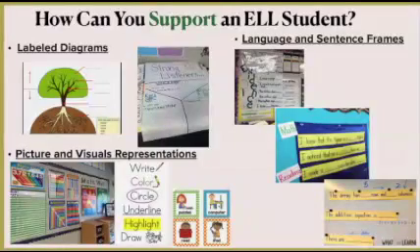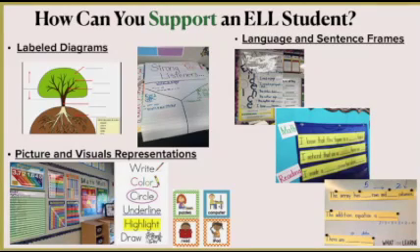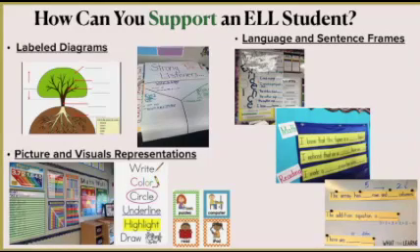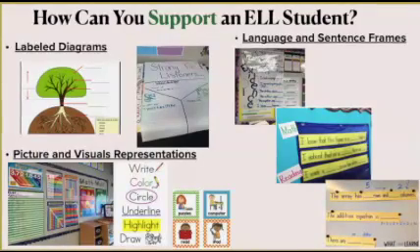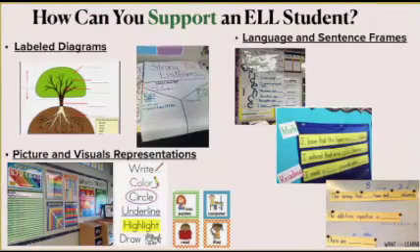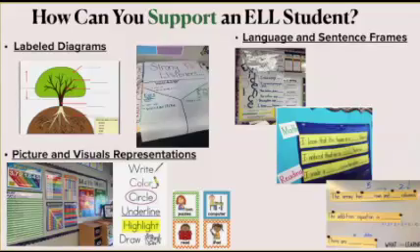How can you support an ELL student? One way you can support an ELL student is by using label diagrams. Label diagrams allow the student to visually interpret the concept by filling in the blank. It allows the student to synthesize and reason closely based on those concepts.